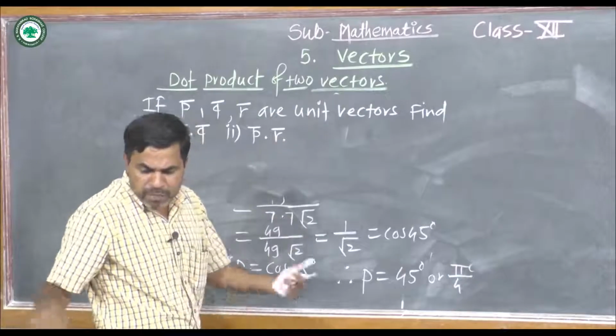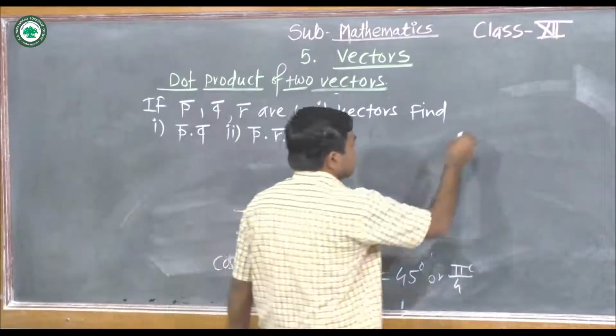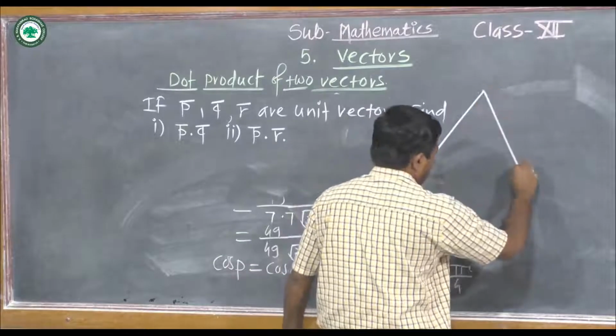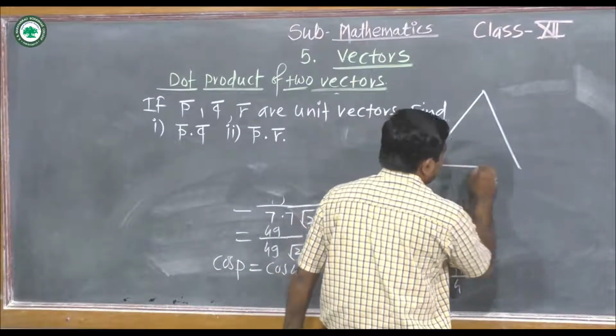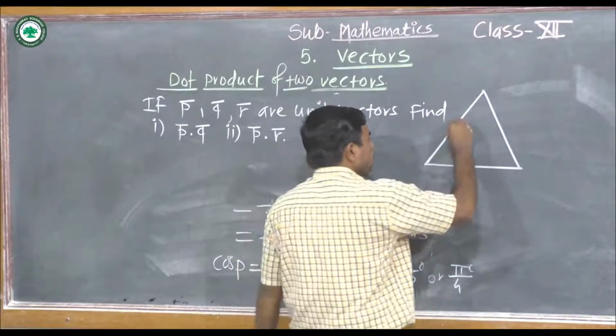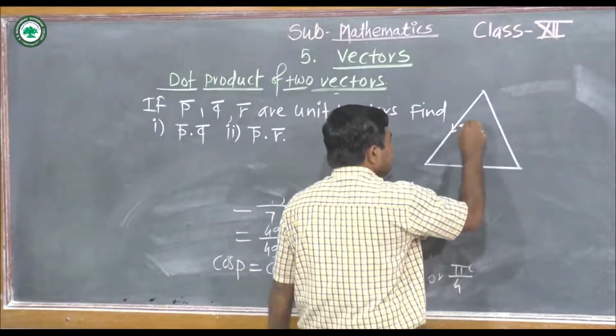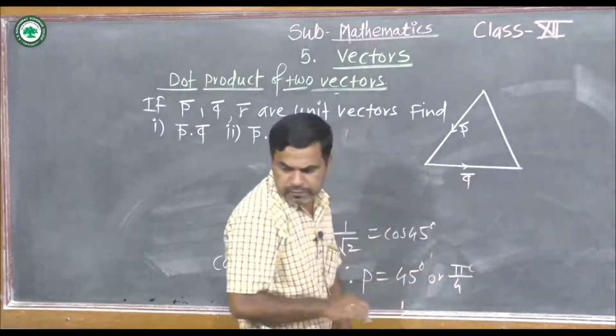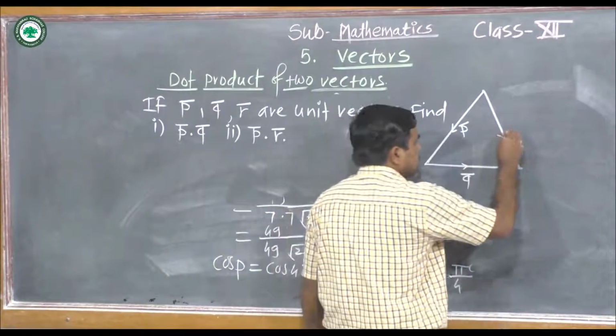Also in the problem the figure is given. This is p bar, this is q bar, and this vector is r bar.